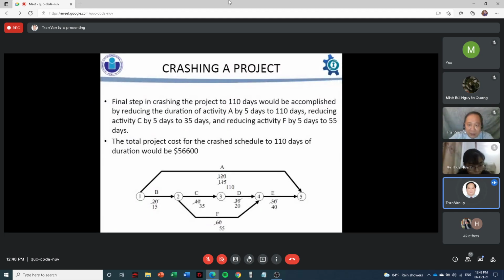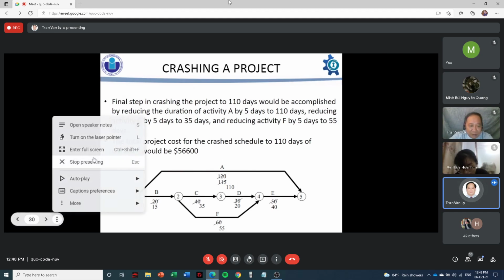Hello, student. I want to ask one question. This is the result of graphing. So, what are or what is the critical path in your screen right now?